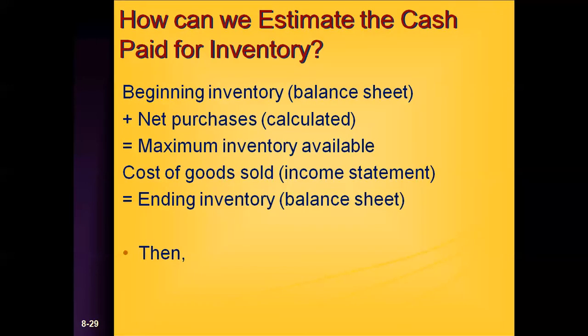Let's talk about how you would estimate the cash that is paid for inventory. This is a little formula, and I want to make sure that you have this in your notes. You would get your beginning inventory, which is the ending inventory for the period that just ended, but the beginning inventory for the new period.